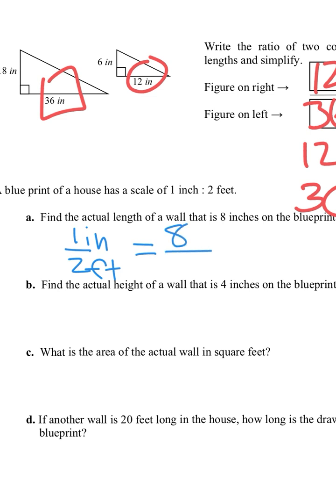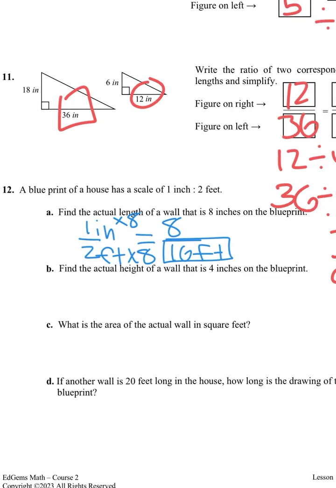We want to find out how much it is in real life. So we have to ask ourselves, what's the factor I multiplied 1 by? That's 8. And whatever I do to the top, I do to the bottom. So 2 times 8 is 16. So in real life, the wall is going to be 16 feet long. Okay, so that's my final answer.